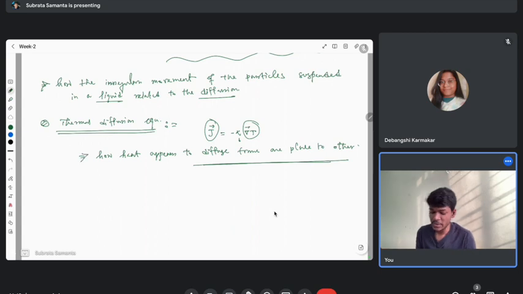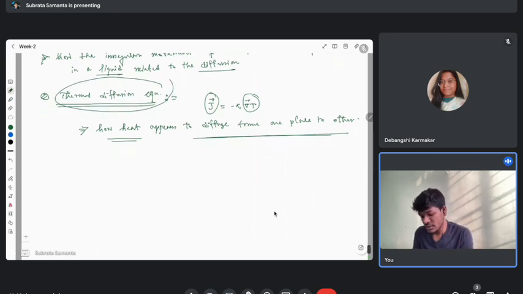How heat appears to diffuse from one place to another. The thermal diffusion equation describes this kind of phenomenon, how heat appears to diffuse from one place to another.